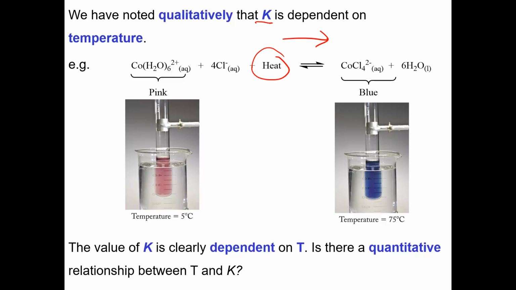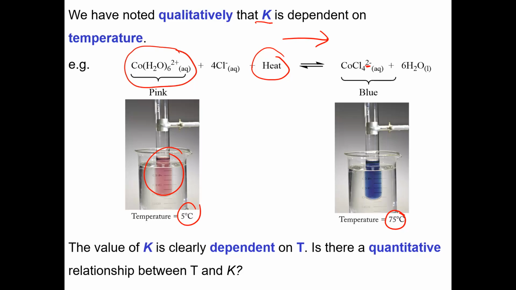A good way of seeing that is in this reaction, where one of our reactants, cobalt hexachloride 2+, which is pink, reacts with chloride ions when we heat it up to make the cobalt tetrachloro di-negative anion, which is blue, and water. So if we take this pink stuff and heat it up, in this case by 70 degrees, it'll turn blue. If we cool it back down, it'll turn pink.